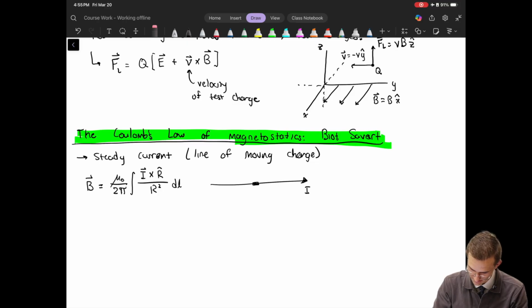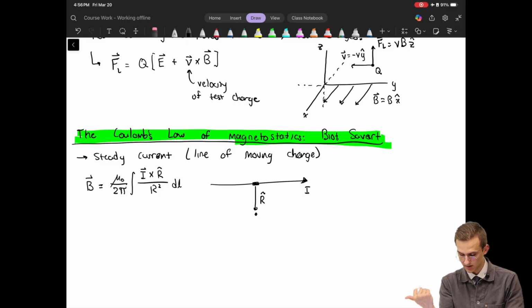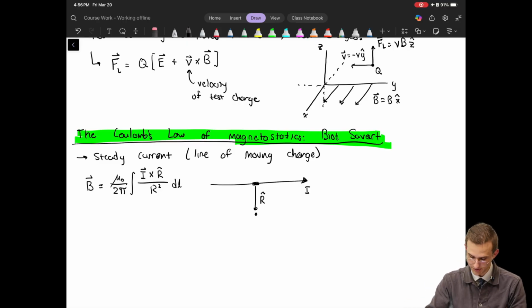Let's draw this co-located so that it's much easier to see the way the cross product works. So just directly below the element that's the source of the B field that you're feeling, and like I said, the r goes out like this. And so I cross r is going to be into the page.